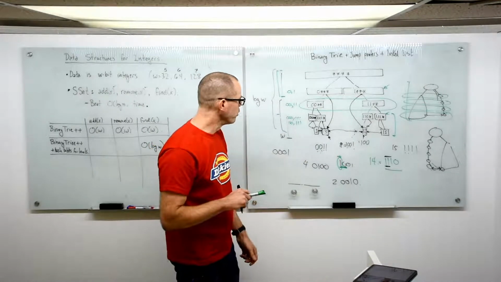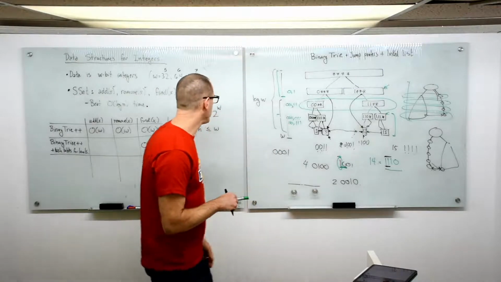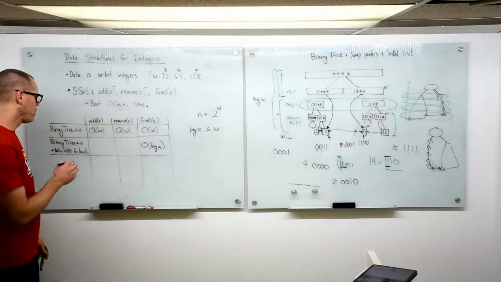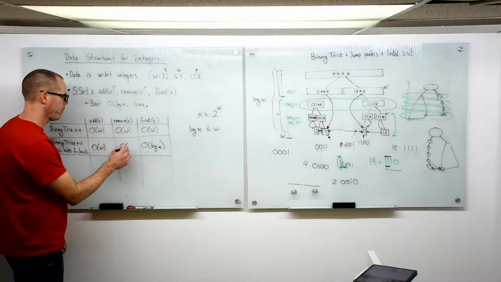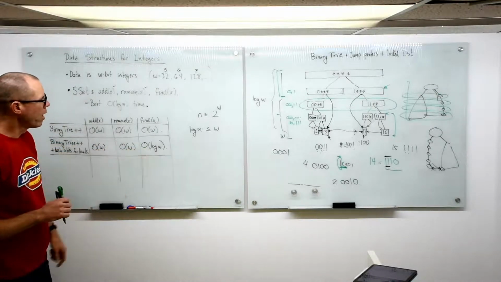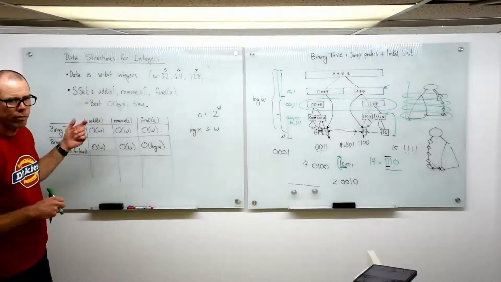But you can add and remove from hash tables in constant time, so that doesn't increase the running time of add and remove, but unfortunately it's still O of W. So this greatly speeds up the find operation, but it doesn't speed up add and remove.